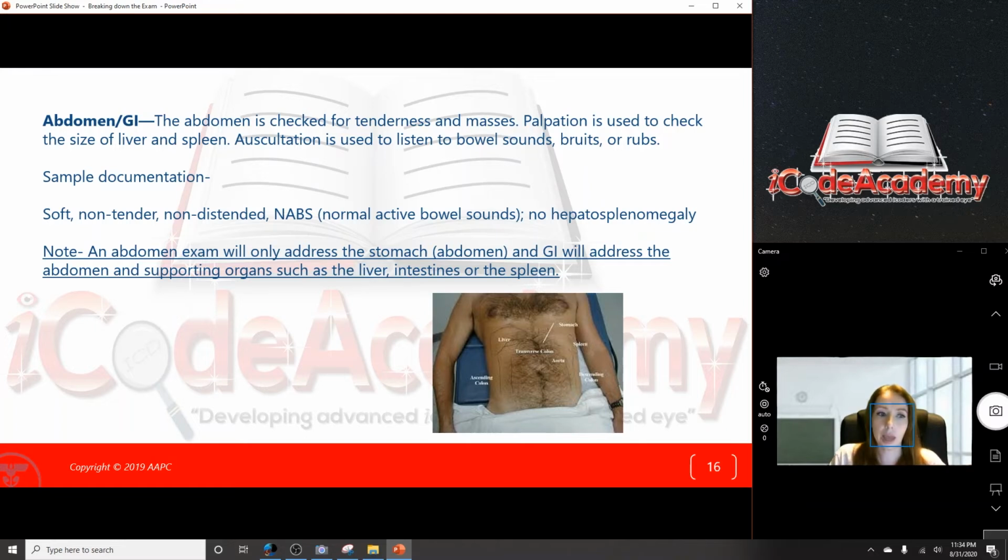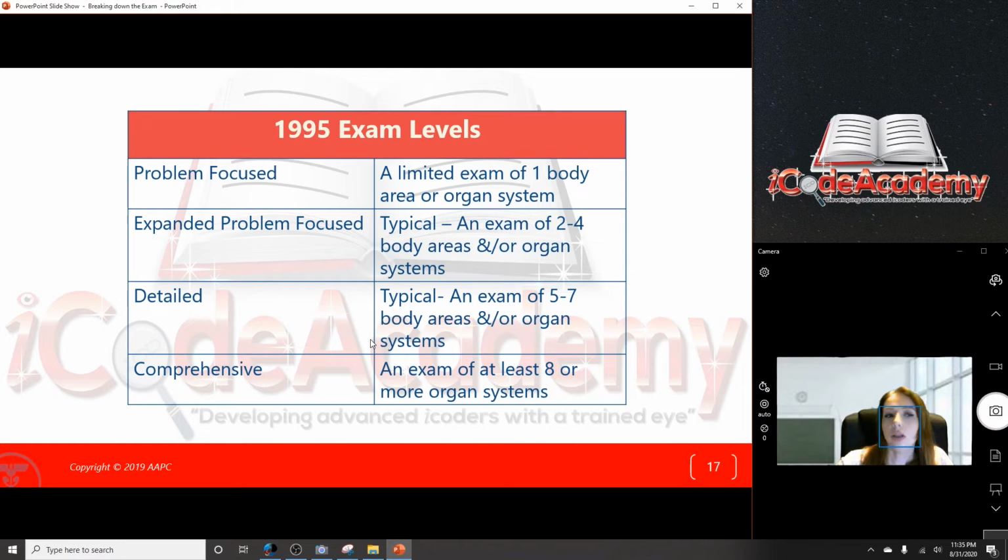I mean, the header could say happy birthday or Merry Christmas. That doesn't mean that they didn't do the exam. So again, regardless of what the heading looks like or the category or how it's titled, let's make sure we're looking at the actual exam findings and attributing those to the appropriate body area and organ system, if that makes sense.